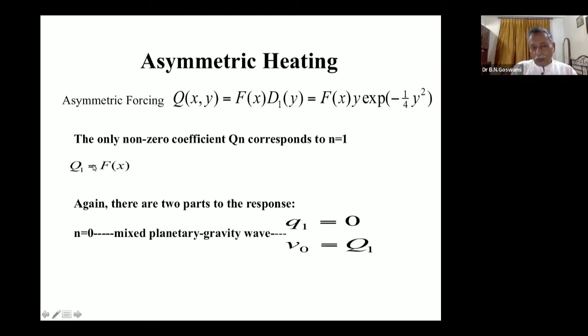Then the small q1 will be 0, and V0 will be proportional to this. So this is related to a mixed Rossby gravity wave response, and that we'll see in a minute.